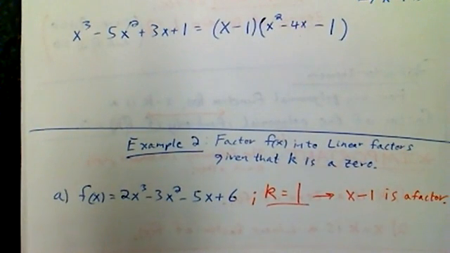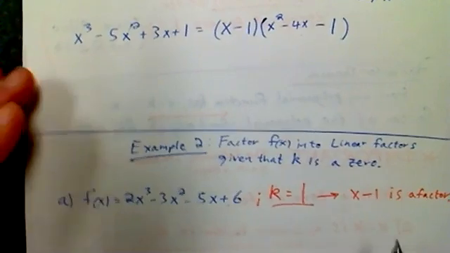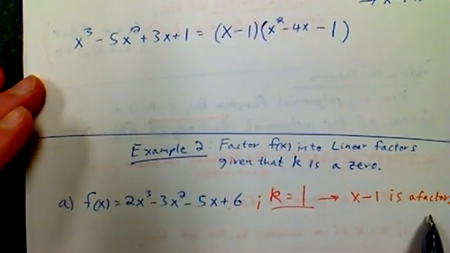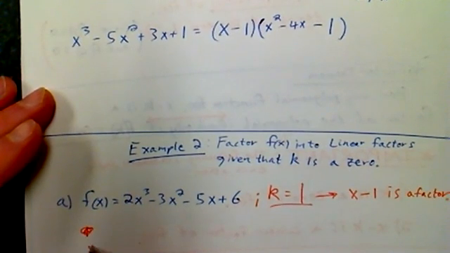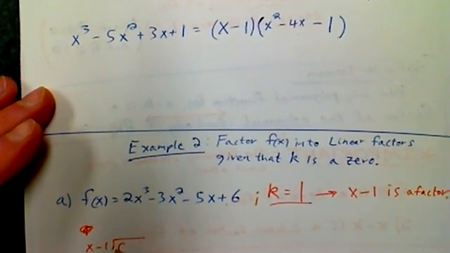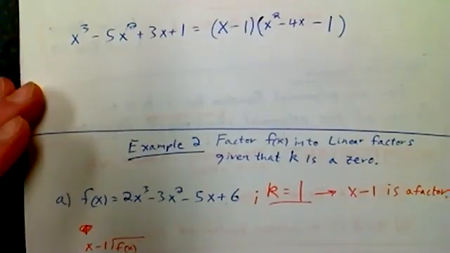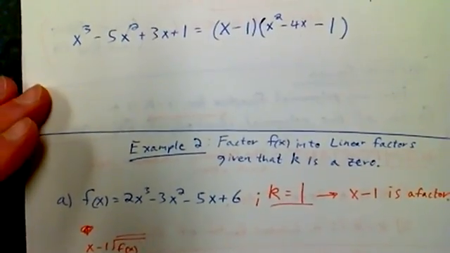Okay. So from this, I know that x minus 1 is a factor. So what I'm going to do is I'm going to divide x minus 1 into f of x. Okay. And then I'm going to get the leftovers right here.